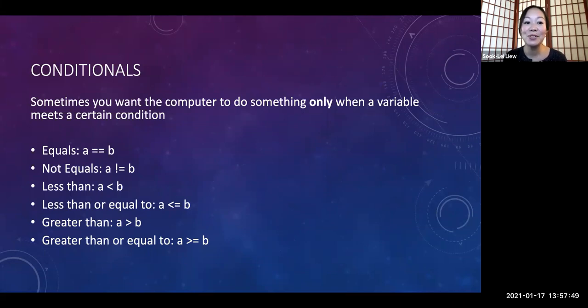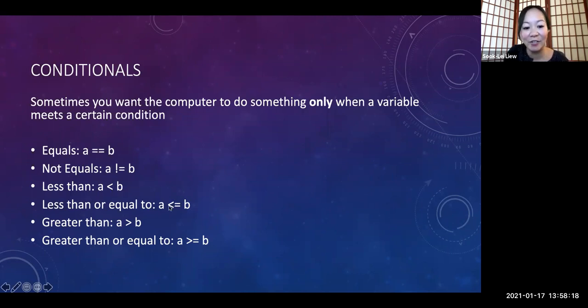So the most common conditionals are equals. Like if A equals B, then do this. Another common one is not equals. I should point out, sorry, that these are the symbols that will represent that conditional statement. So two equal signs means if A equals B. Exclamation point and an equal sign means if A does not equal B. This exclamation point means not.